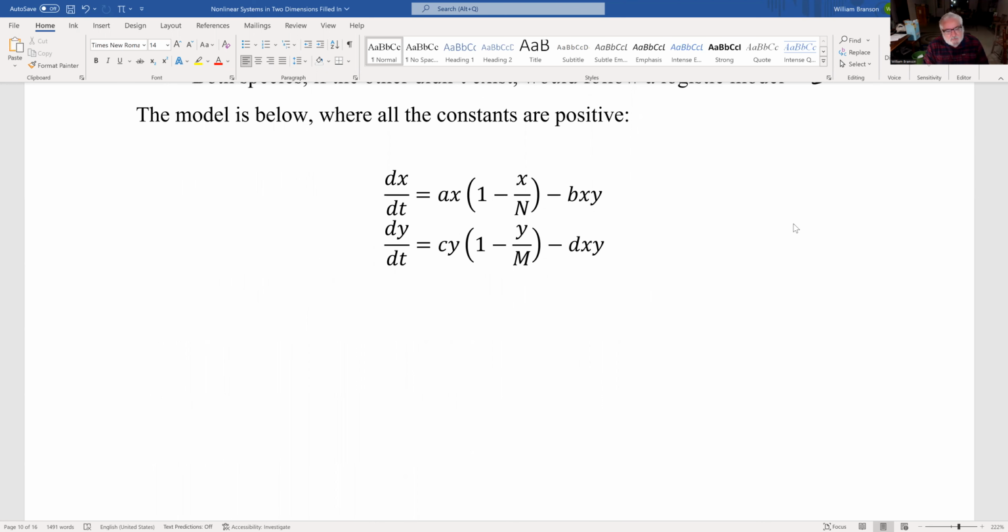So here's our example. X is one kind of animal, Y is another kind of animal. So for X and Y, A and C are growth rates. M and N are the environmental capacity or the carrying capacity.